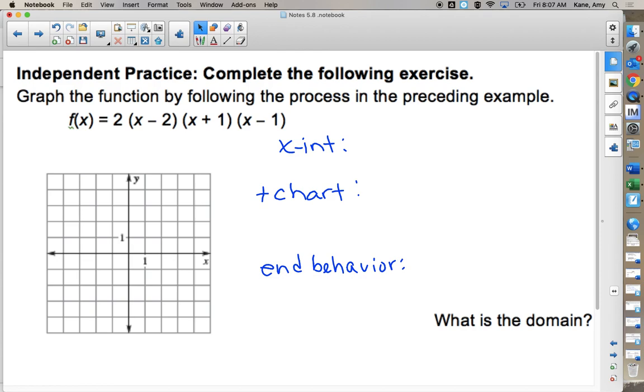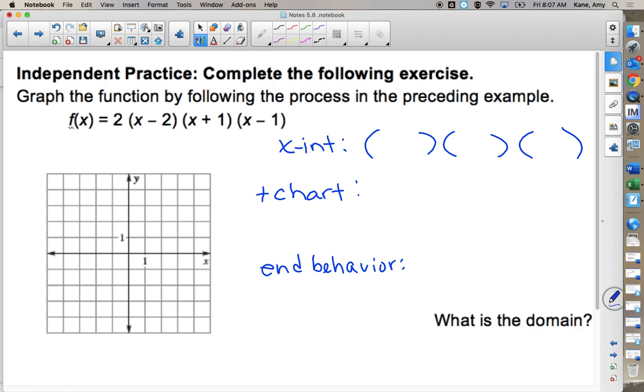Graph the following function by the process in the previous example. List the x-intercepts. Write them as ordered pairs. We're going to get a little t-chart using a couple of values in between the x-intercepts and beyond the x-intercepts. And then we're going to list the end behavior.